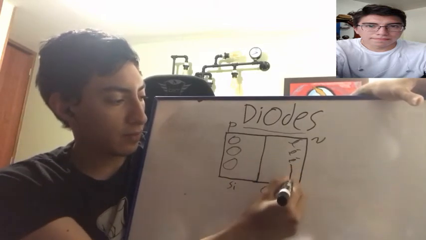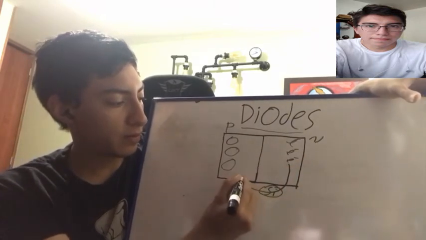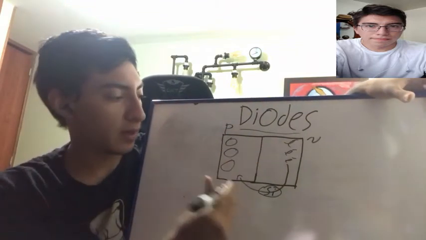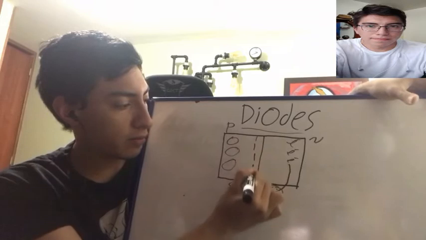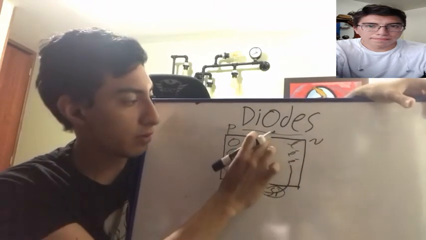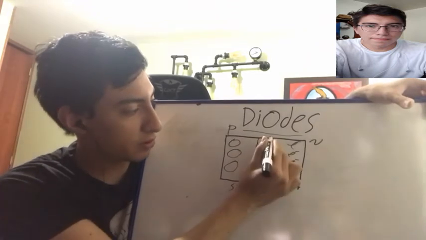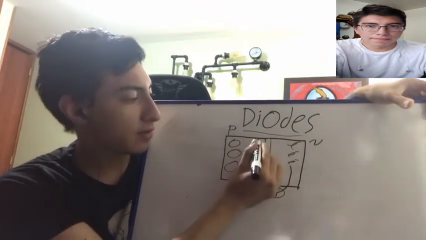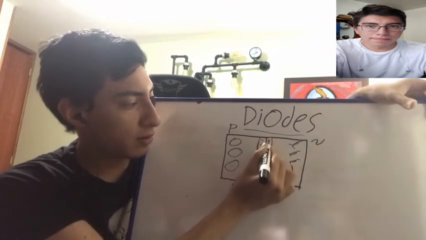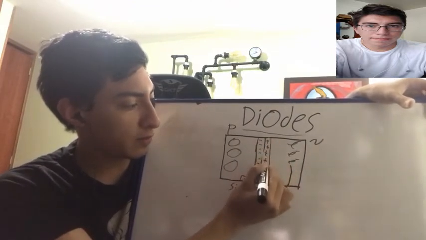The P part takes electrons from the N part, creating what they call a depletion zone. In this depletion zone, we will have an excess of negative charges and an excess of positive charges.